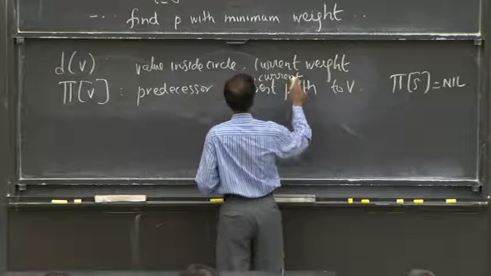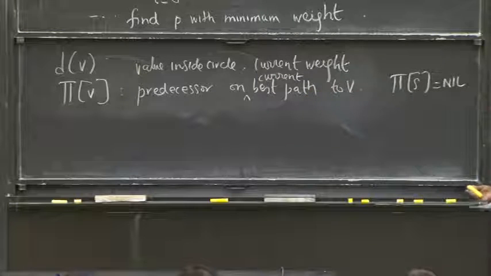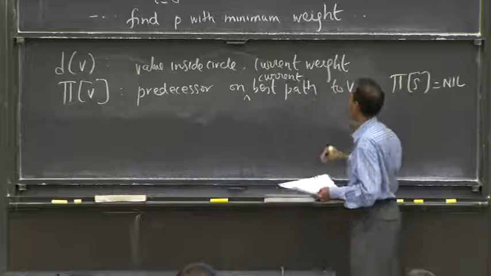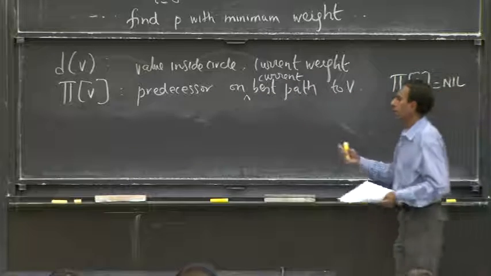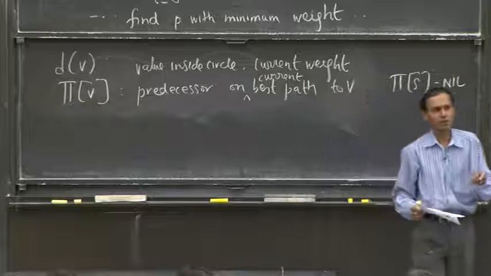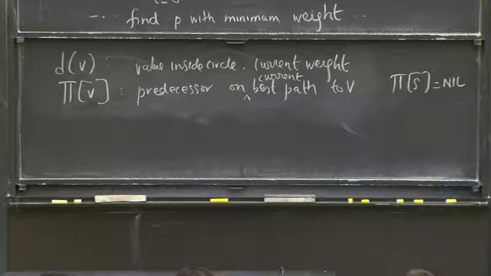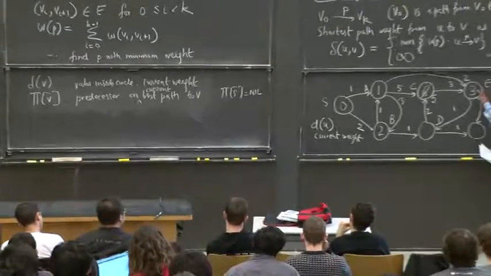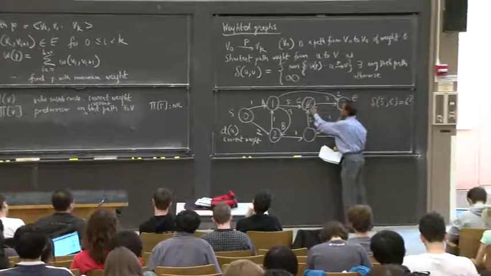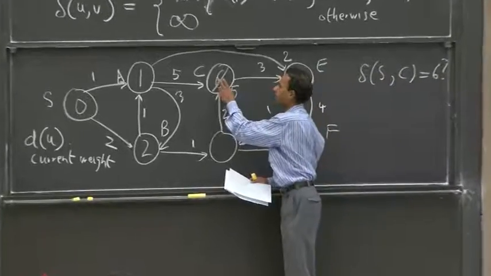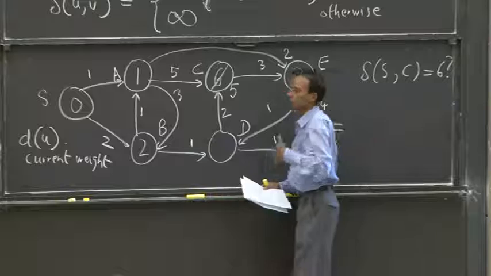This gets modified as well. Right now, when you're trying to find the path, you have some particular path that happens to be the current best path, a sequence of vertices that you get by following the predecessors. Once you're at a particular vertex E, you look at pi of E, and if that points to C, you look at pi of C, and that might point to A, and so forth.